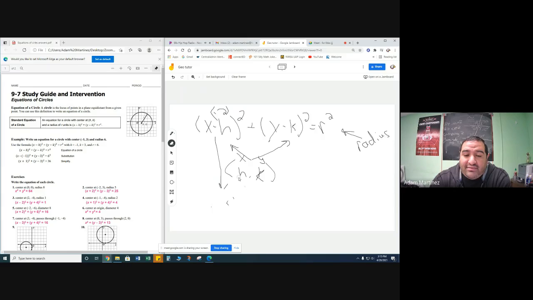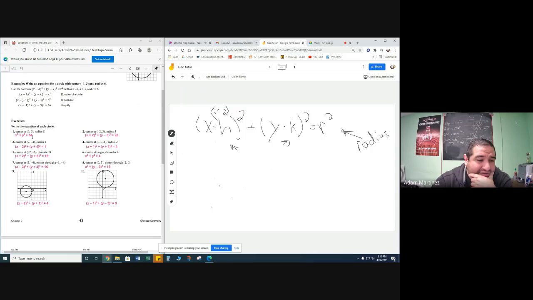Let me do one or two, and we'll do a couple from there. Let's look at this one: write the equation of a circle with center at (-2, 3) and radius 5.